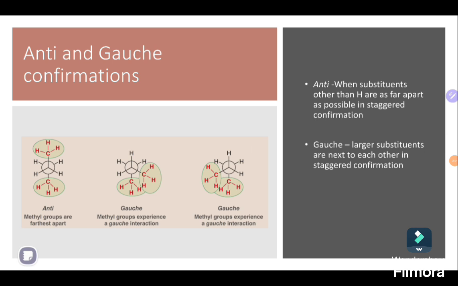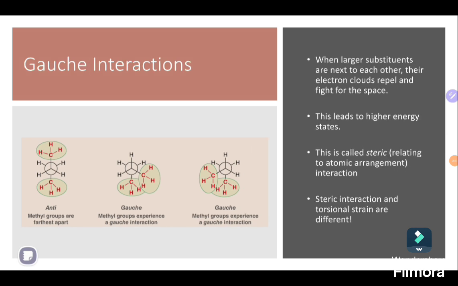And gauche conformations are those conformations in which larger groups, such as methyl groups, are staggered but yet beside each other. Those larger groups that are staggered but yet beside each other undergo what are known as gauche interactions. And gauche interactions are where the methyl groups are now large enough that their electron clouds do interact with the opposing methyl group. And these are called steric interactions, which is related to atomic arrangement.